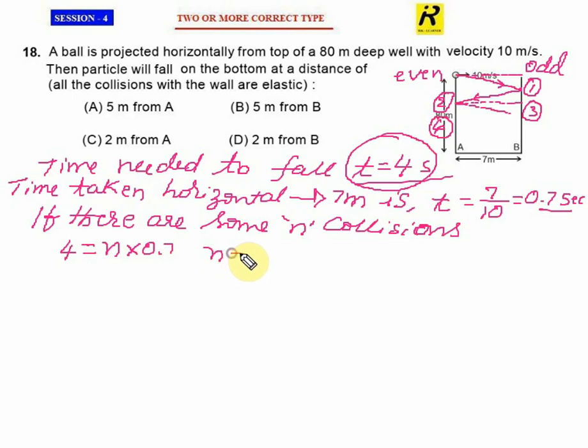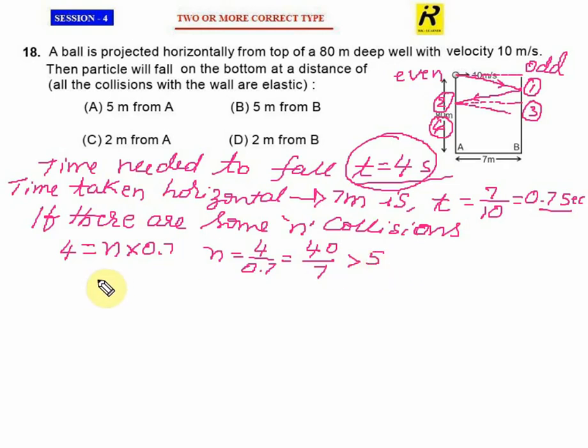Otherwise I may say n equals 4 divided by 0.7, otherwise I may write it as 40 divided by 7. So this is just more than 5.